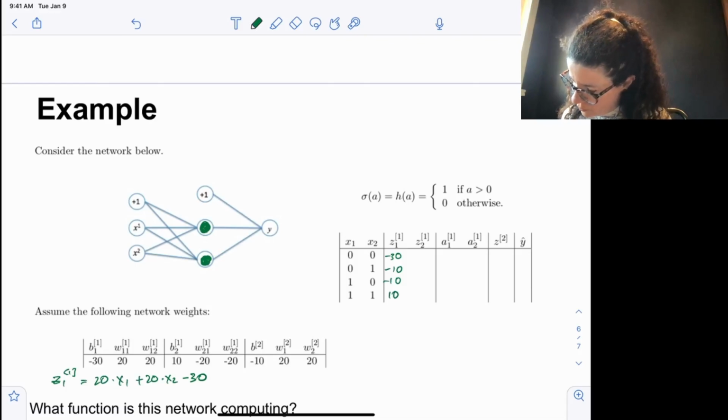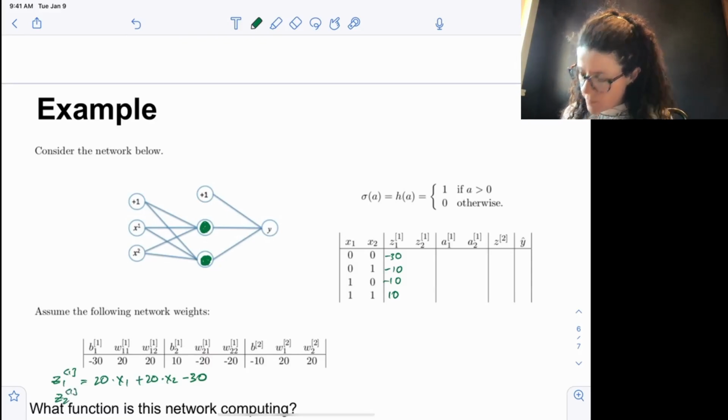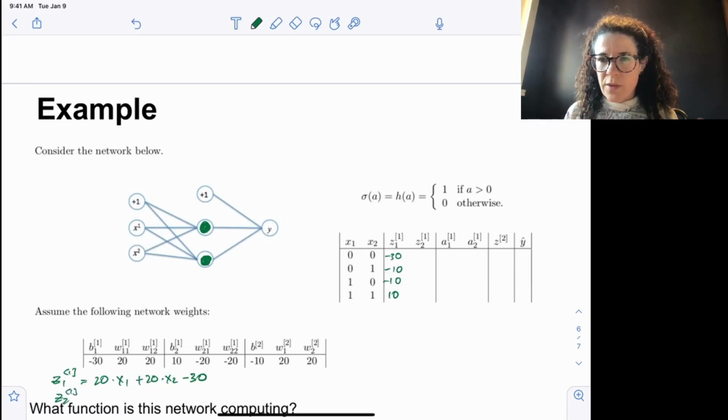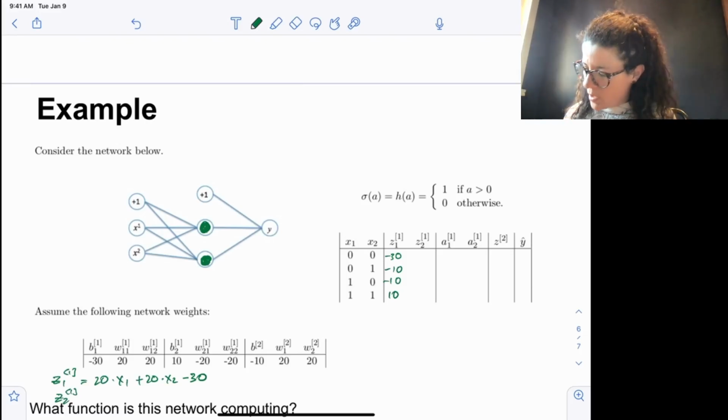Okay, so Z1, Z2, 1. So the top number corresponds to the layer. The bottom number corresponds to the dimension. Okay, so we are in layer 1 here.